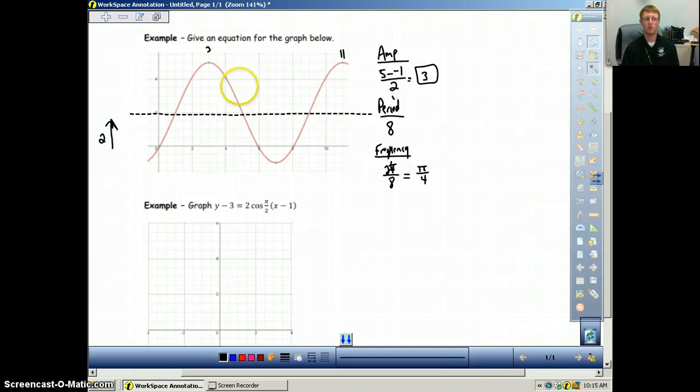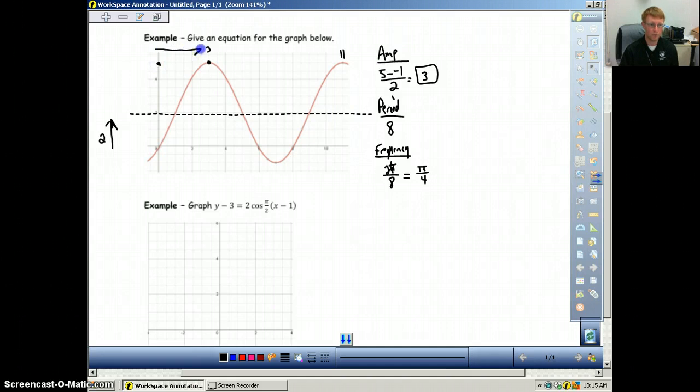Now, before we deal with a horizontal shift, let's decide which function we want to do first. Let's say we start with cosine. If we're starting with cosine, what you want to imagine is that the peak or the maximum always starts at our y-axis. So you can look at this and say, if the graph normally would have started here, what did we shift?